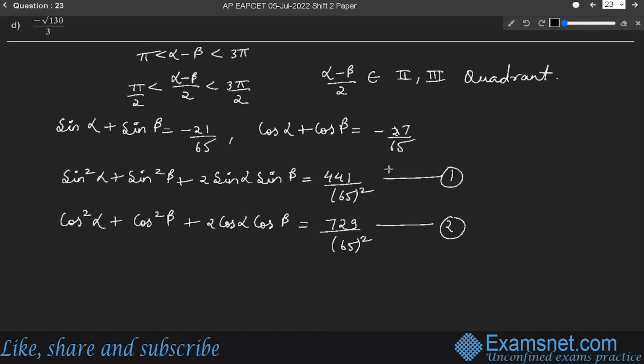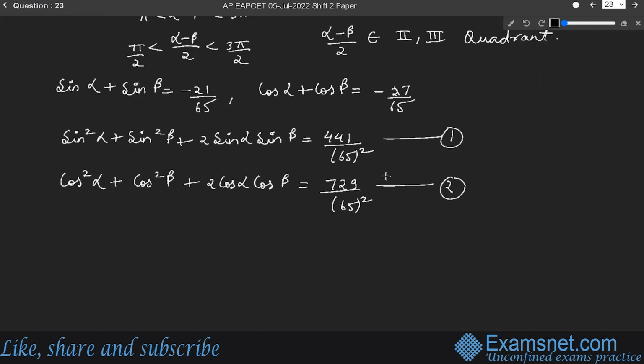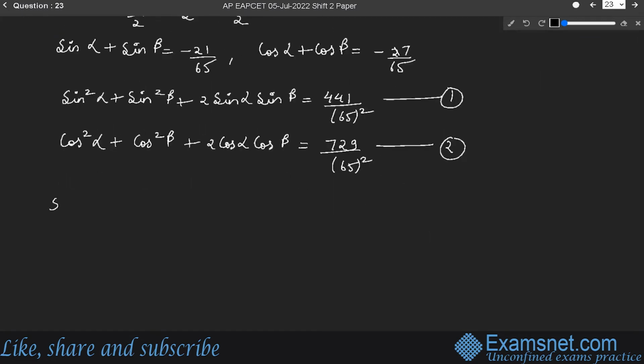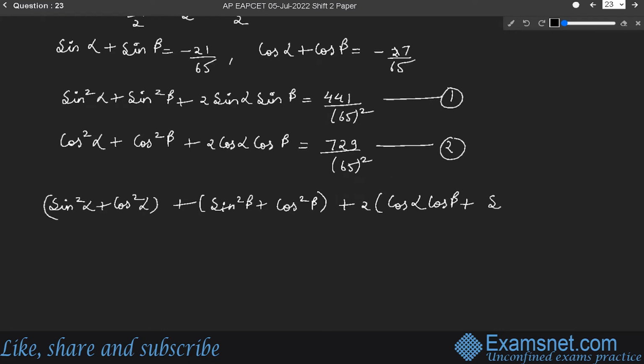Now, adding both the equations, which is equation 1 and 2, we will get sine square alpha plus cos square alpha plus sine square beta plus cos square beta plus 2 into cos alpha cos beta plus sine alpha sine beta is equal to 441 plus 729 divided by 65 square.